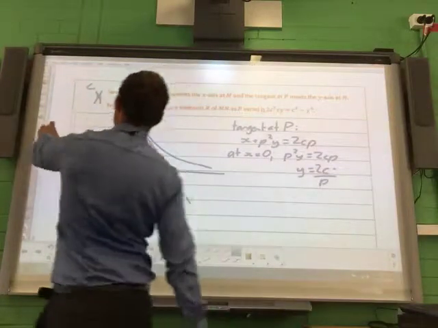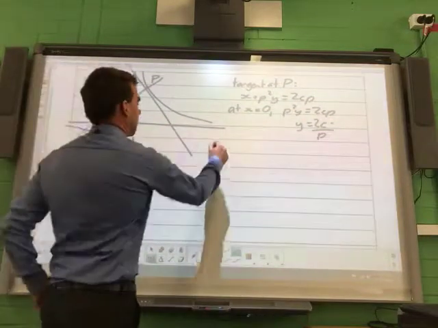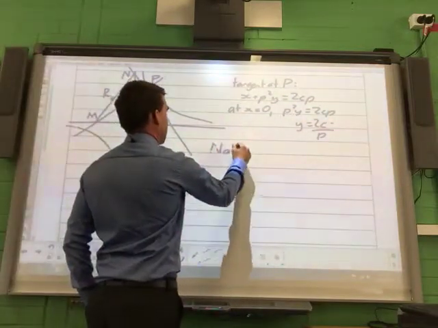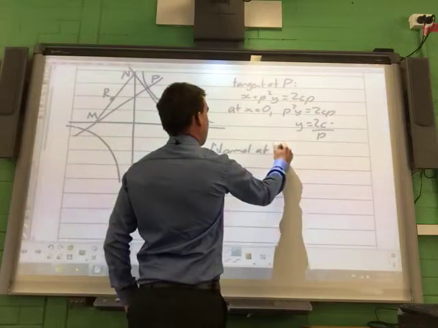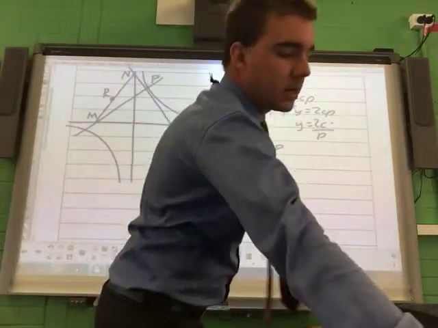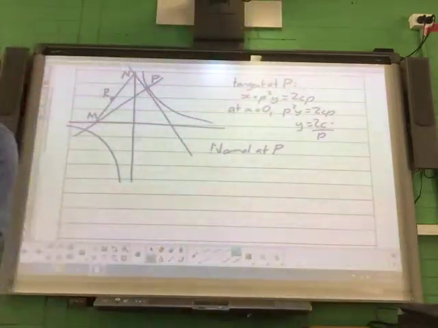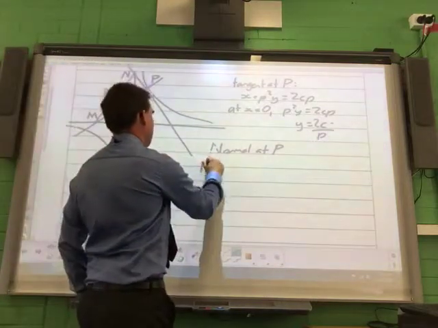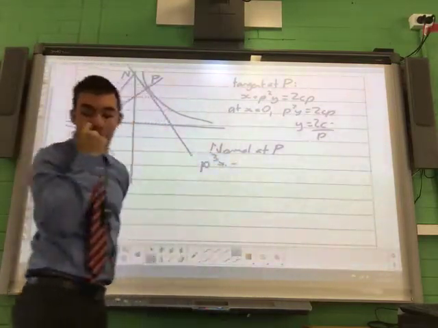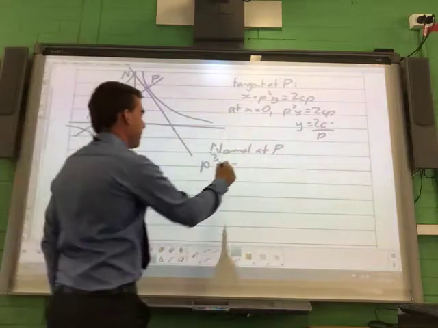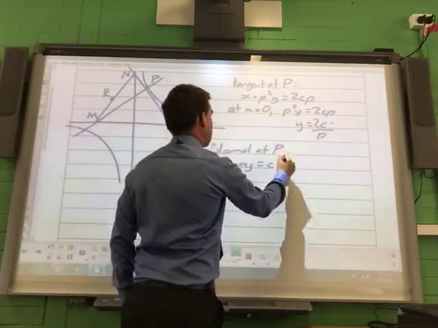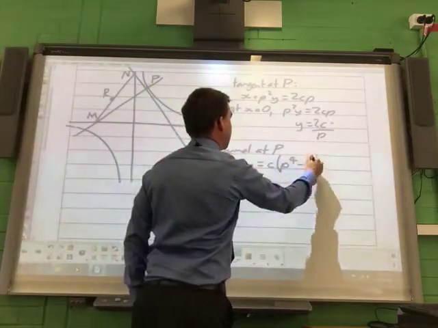Right, normal. From the previous page, the equation is p cubed x, take away py, equal to c times p to the power of 4, take away 1.